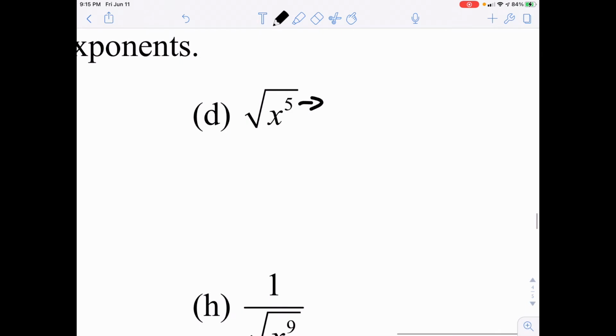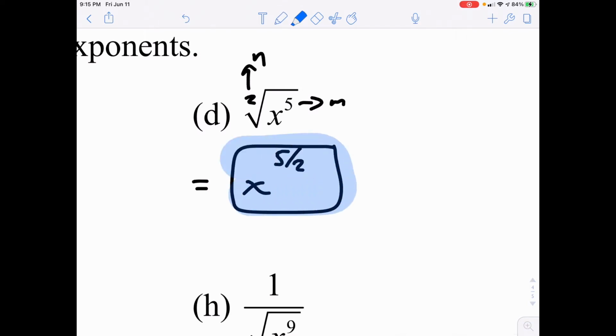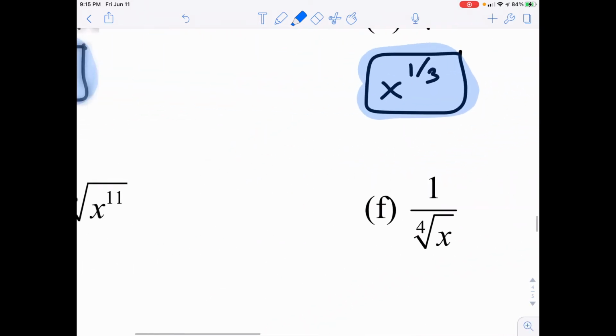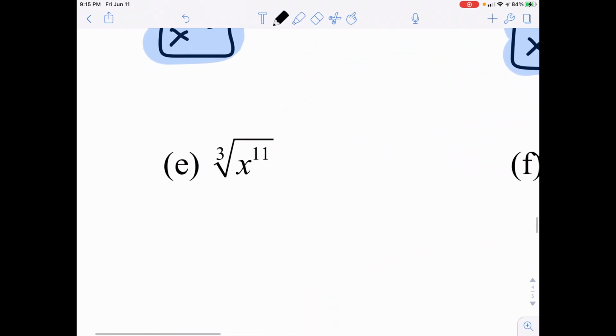Part D, 5 is the power, 2 is the root. This becomes x to the 5/2 power. E, 11 is the power, 3 is the root. This becomes x to the 11 over 3.